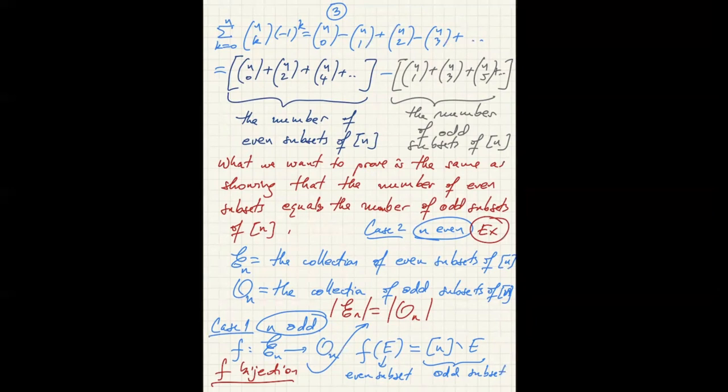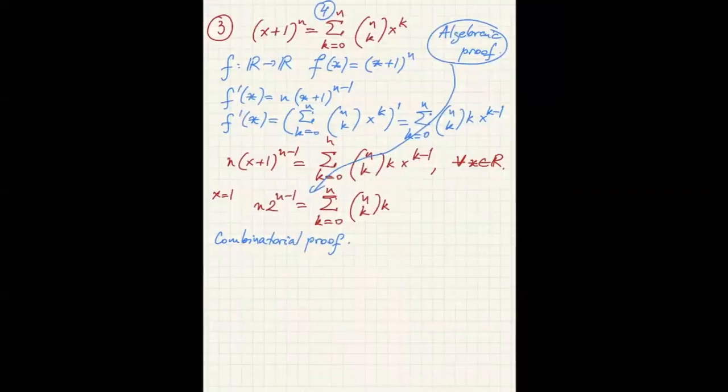And to do that, we created a bijection between those two sets. So for a combinatorial proof, we look at these two expressions, the left-hand side n times 2 to the n minus 1 and the right-hand side, and we want to show that they count the same quantity. And so the trick here is to just come up with the right set.